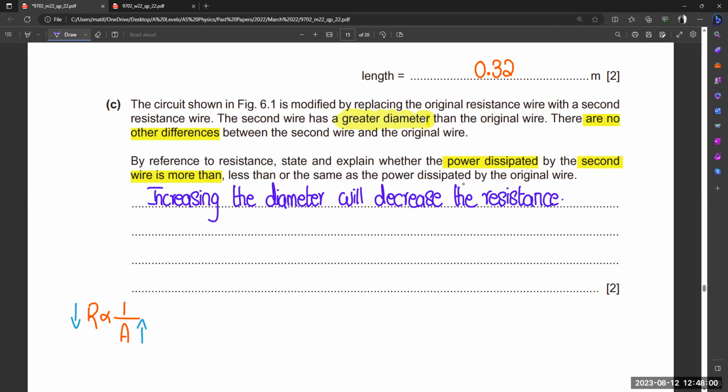And the second thing you need to write is for the power dissipation. So what will be the value of power dissipation? It will remain the same, or less, or equal. So we know that in this situation, potential difference remains the same, but we are getting a greater value of electric current, right?